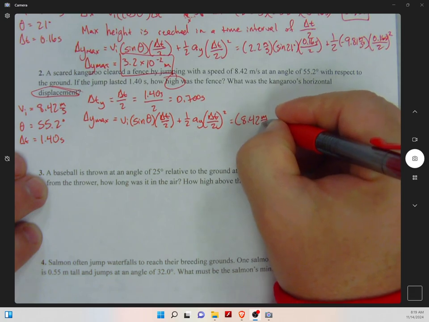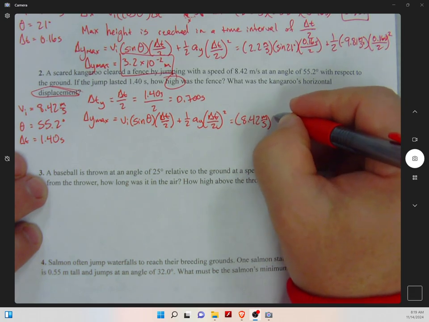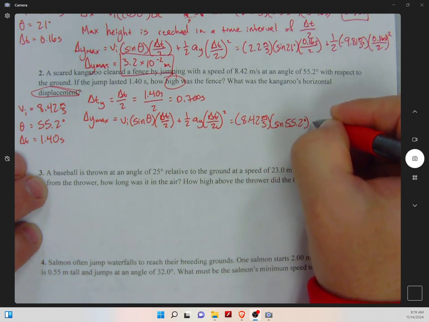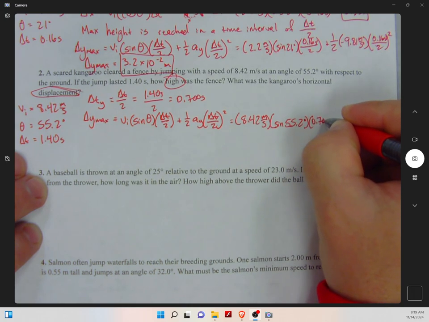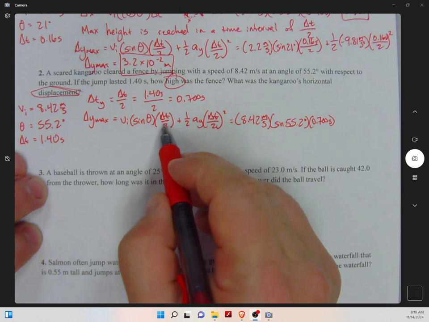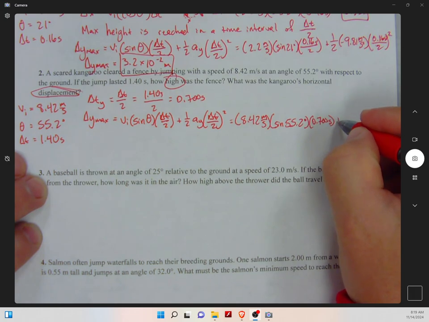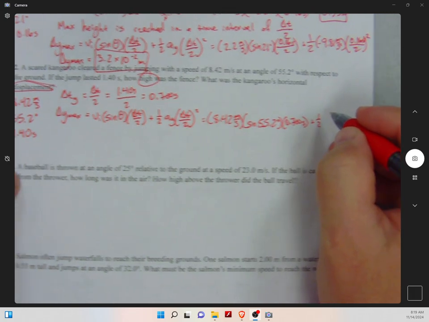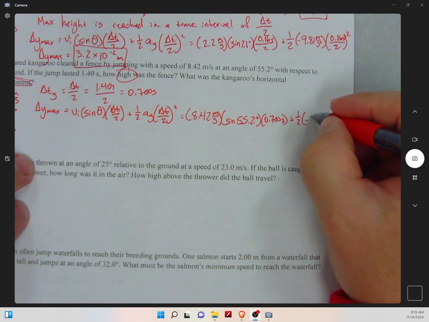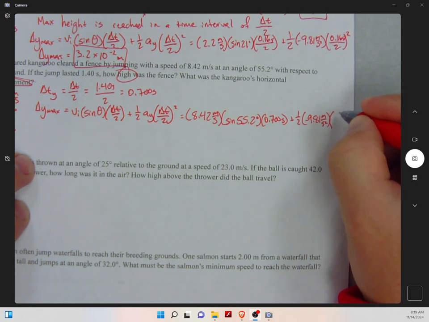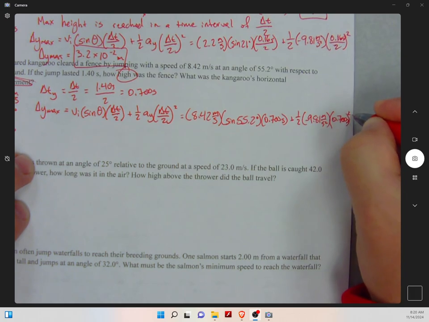So when I actually go to plug all this good stuff in: 8.42 meters per second, got that from the question. Sine 55.2 degrees, again, got that from the question. 0.7 seconds is my time because it's, again, half of the delta t given by the problem, plus 1/2 times negative 9.81 meters per second squared, and then 0.7 seconds squared.